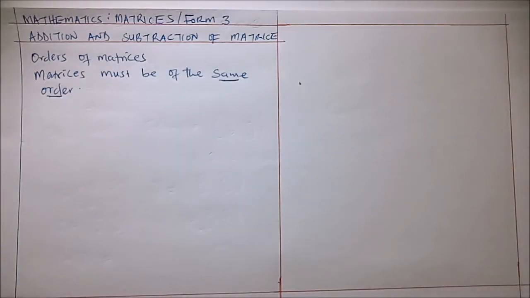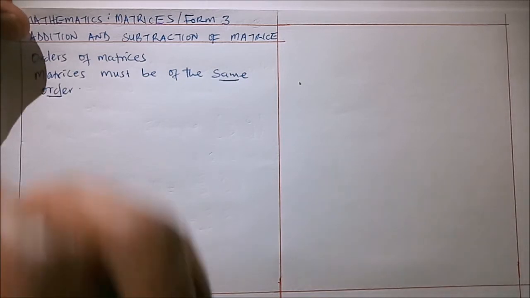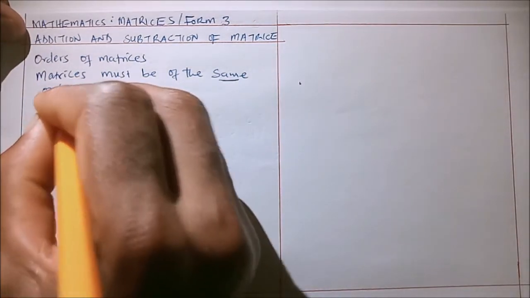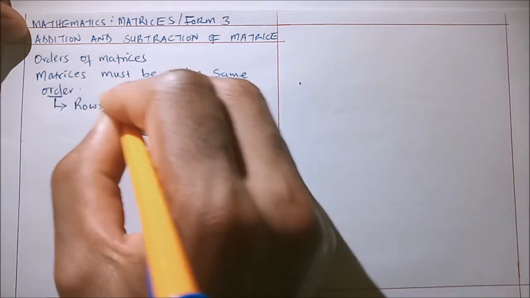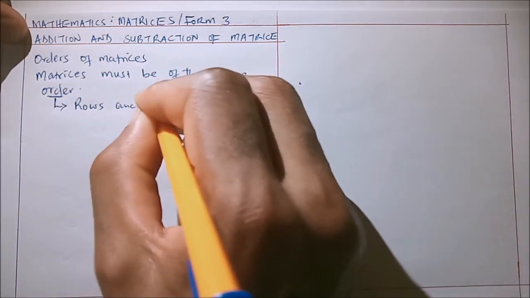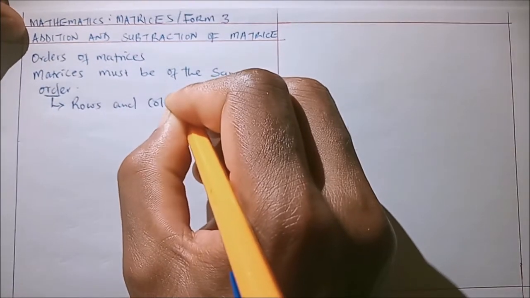And when we are talking of orders of matrices, this is very crucial: we look at the number of rows and columns a matrix is made up of.